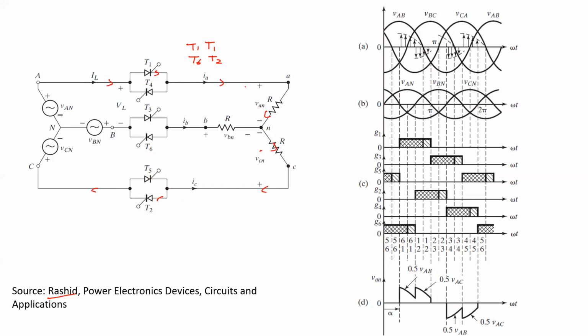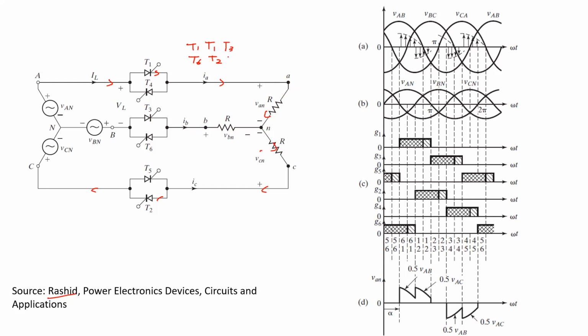So now you have turned on this phase with these two phases. Then let's say you need to turn on T3, to get BN and AN.